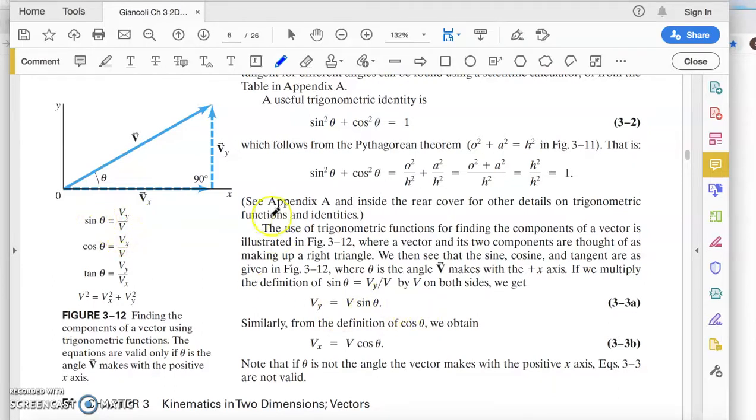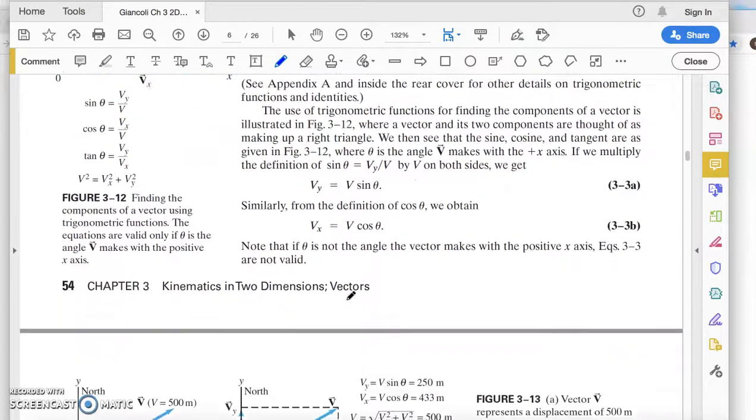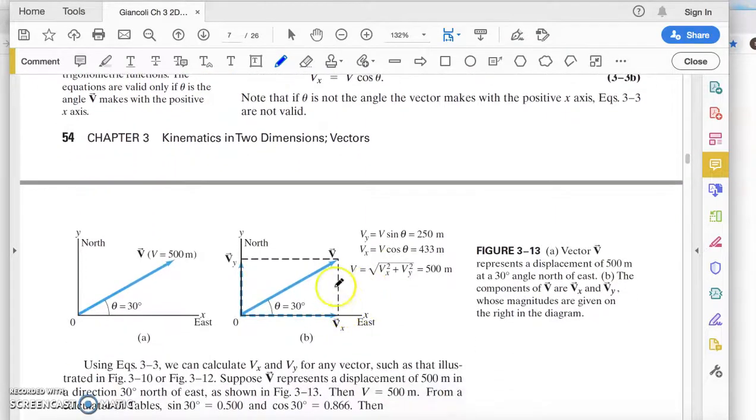So you will see the shape, you will see how it's decomposed into two components, and how to express our components as the main vector itself times the sine or the cosine of the angle, depending on what you're dealing with, okay? And then again, the resultant vector will be calculated by the Pythagoras theorem from the x component and the y component.